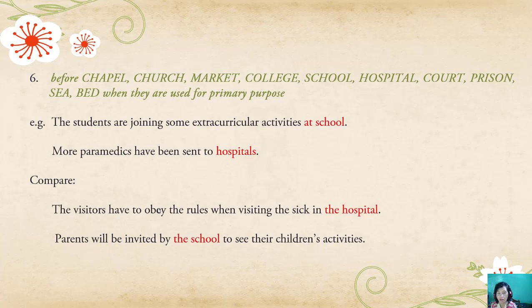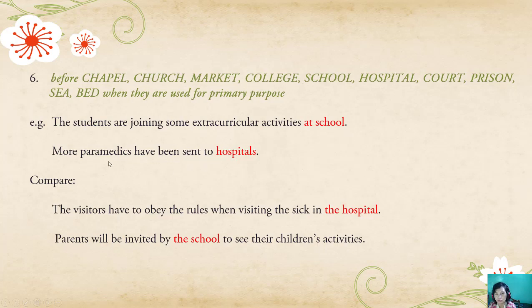Of course, for example, chapel or church are the places for praying. So we go there for praying. The students are joining some extracurricular activities at school. The activities of the students, so this is at school. More paramedics have been sent to hospitals.